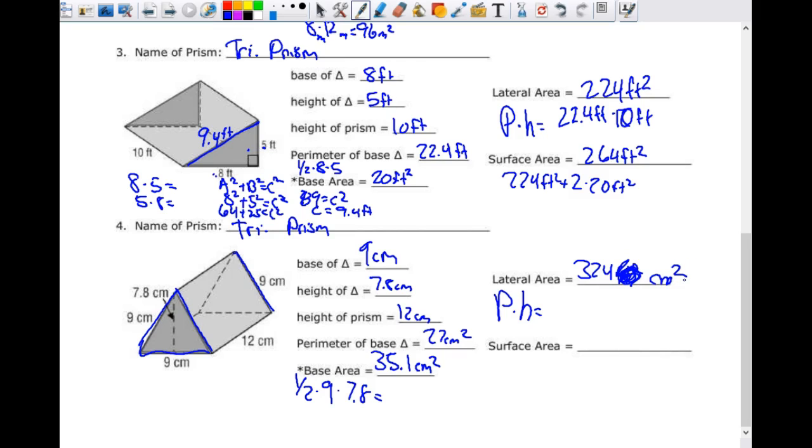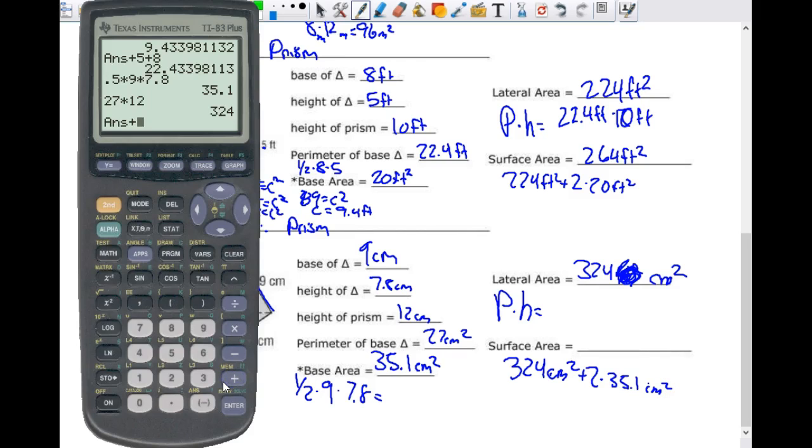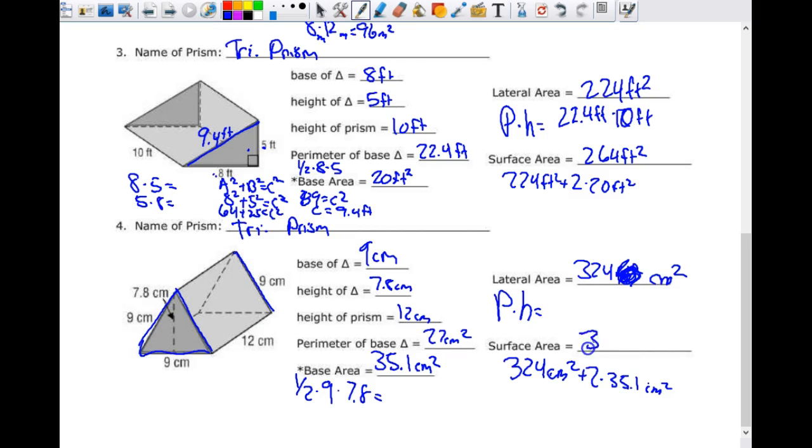And then for the total surface area, we're going to do 324 centimeters squared plus 2 of these. 394.2 centimeters squared. Okay.